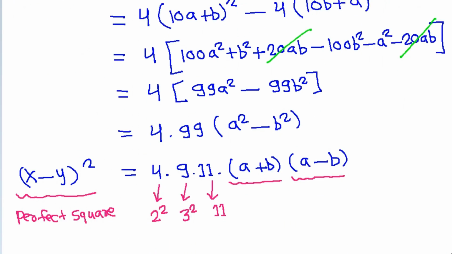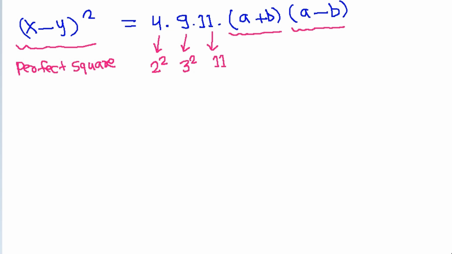So A minus B cannot be 11, so A plus B is 11. And for a perfect square, A minus B also must be a perfect square, so it can be 1, 4 or 9. And A and B both are from 1 to 9, so A minus B also cannot be equal to 9.